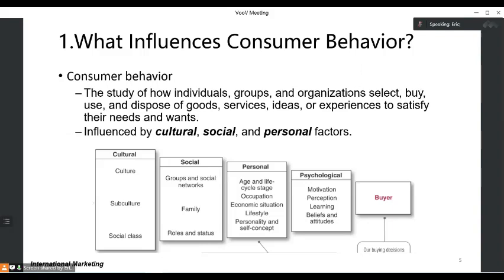Actually, from the model, we know that there are three parts of factors: culture, social, and personal. About culture, if we research more, we find there are culture and social class.